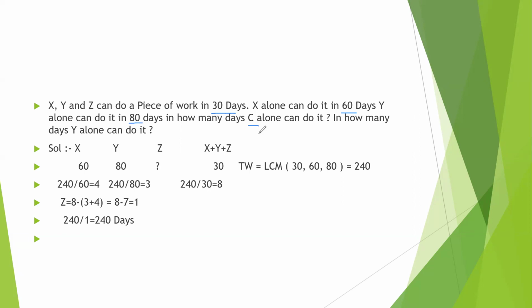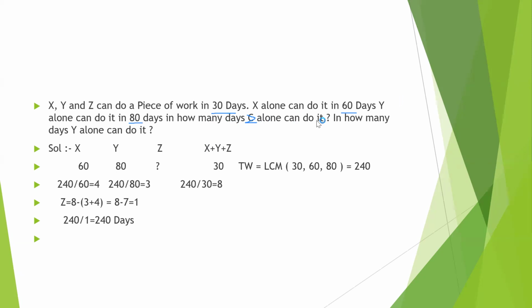Here, not here. In how many days? Here, not C. Here, Z. Here, Z alone can do. Here, there is a typing error. Here, Z, not C. In how many days Z alone can do it? In how many days Y alone? No, no, no, no, no. In how many days Y alone can do it?